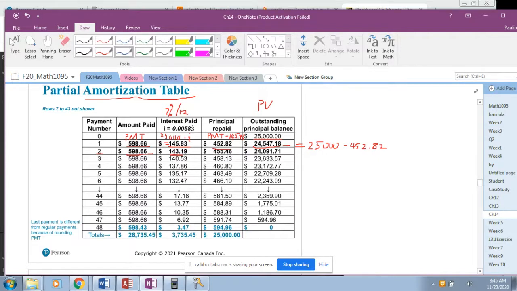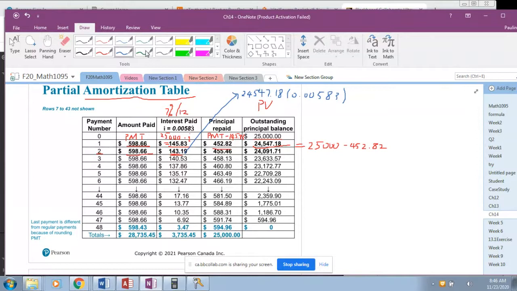How do you get this 143? 143 is the result of the outstanding balance, $24,547.18, times i, the interest rate, 0.00583. You get the interest portion.